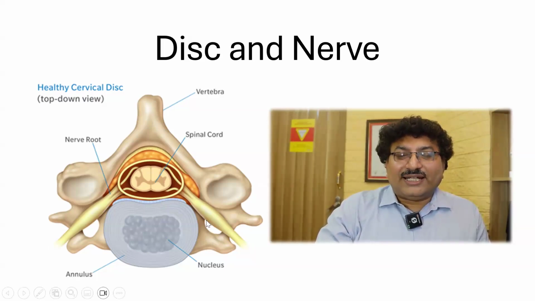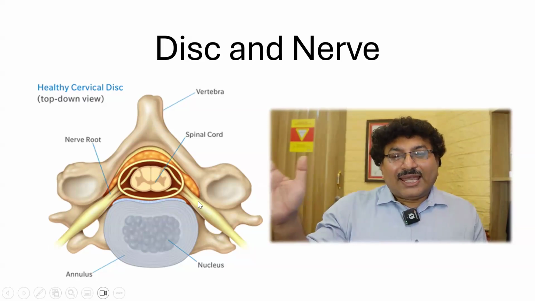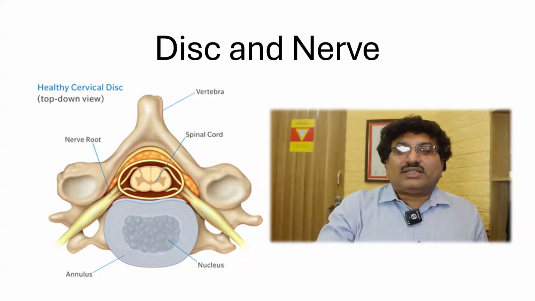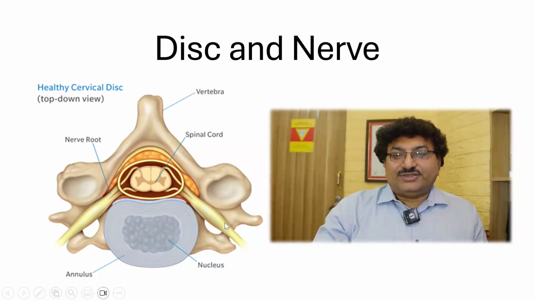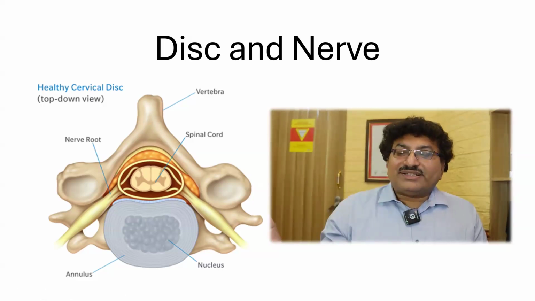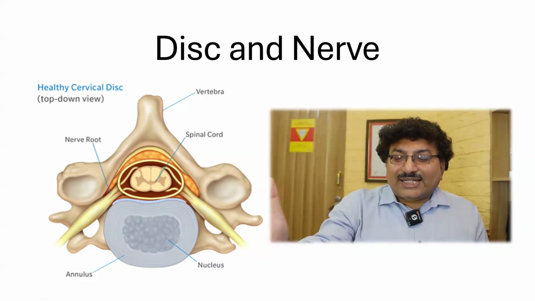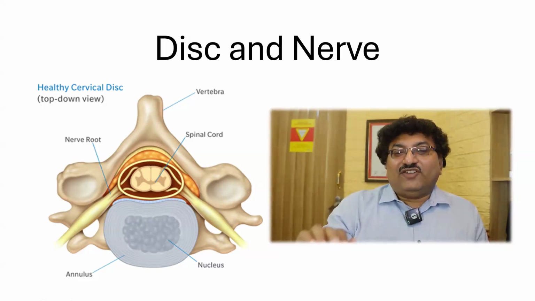Whereas in the cervical area, they are directed around 45 to 60 degrees anterior and around 30 degrees inferior. So the direction of the nerves when they come out is not purely lateral, it is a little bit anterolateral and inferior.